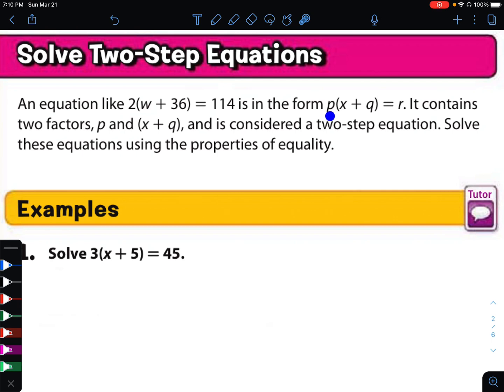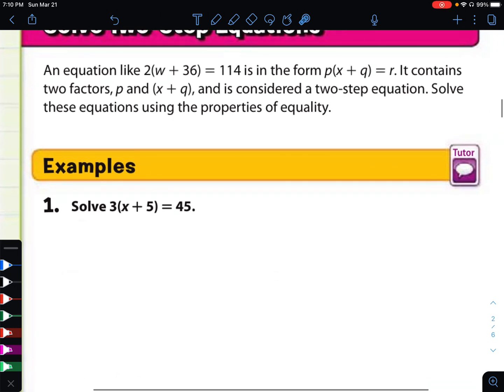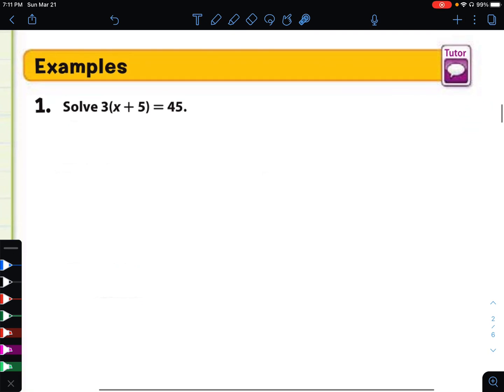So in this case, P times (X plus Q) are the two factors, and it's considered a two-step equation. Solve these equations using the properties of equality. This is another type of two-step equation that we can solve using our properties of equality. And remember all four.